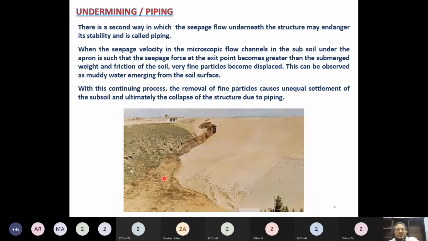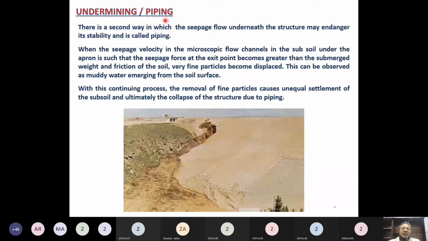These very fine particles are removed, and at the outlet, the point from where these fine particles are emerging with water, the seeping water would be muddy. That shows that fine particles are also coming with it.